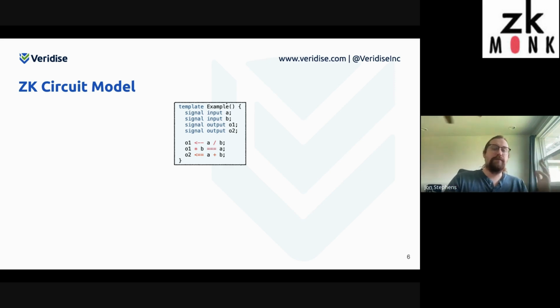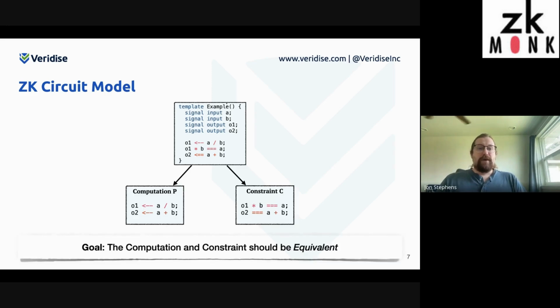And so it's useful to make sure we're on the same page by establishing what effects that has on the ZK circuit, or on the lower level representation of the ZK circuit. So basically what happens is if you have a single arrow assignment or a double arrow assignment, or the double equal assignment, then you're going to end up performing that assignment in the computation.